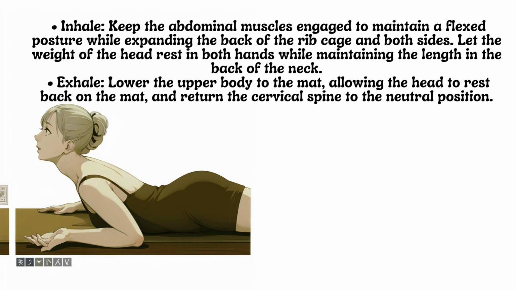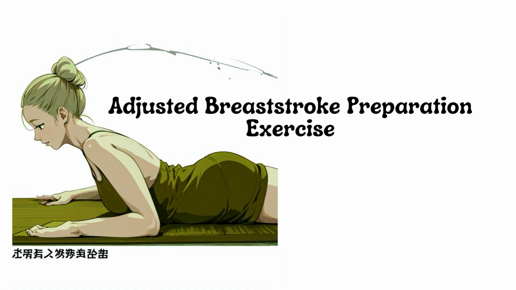2. Abdominal preparation with adjustment. Starting position. Lie supine with the pelvis and spine in a neutral position. Bend both knees with feet flat on the mat, hip width apart. The head is supported by both hands. Inhale, lengthen the back of the neck. Exhale.